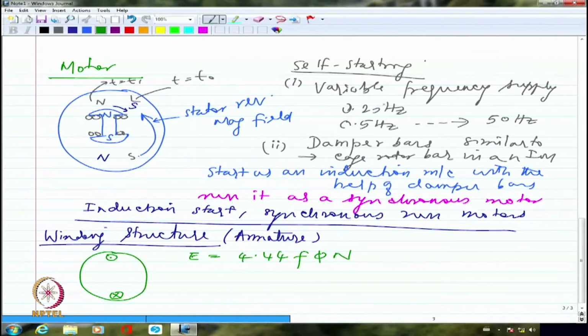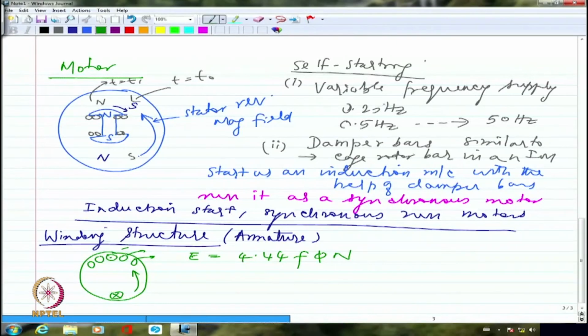But I know for sure that when I have a distributed winding, the turns are spread all over the place. Especially if I'm talking about a field rotating in the anti-clockwise direction like this, this will face the flux first, then this is going to face it, then this, and so on.